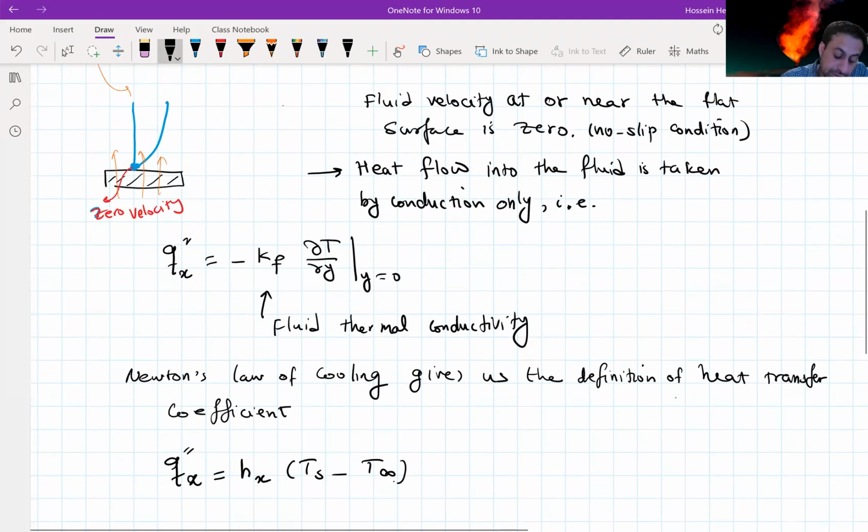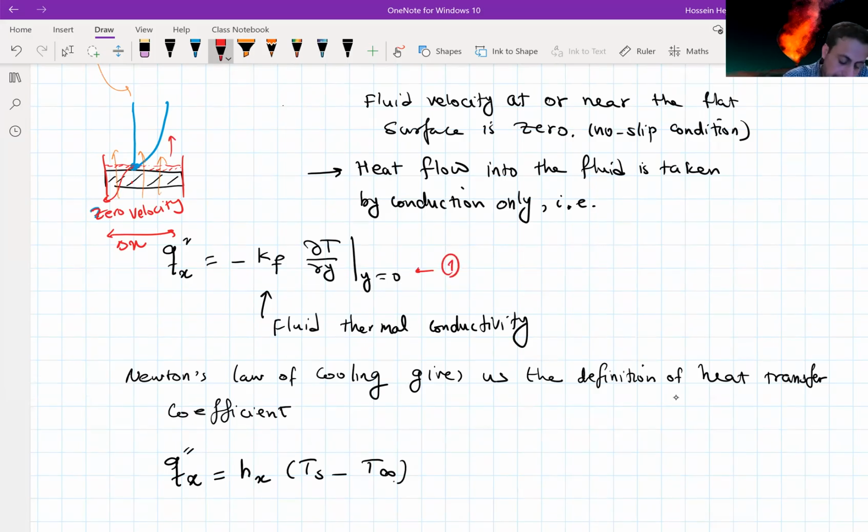And essentially these two values are the same. Heat is transferred by conduction through this element of delta x through the solid and then through the very first layer of the fluid that is stagnant or not moving. We have conduction in the fluid, and that's representing that equation. Let's call it 1.